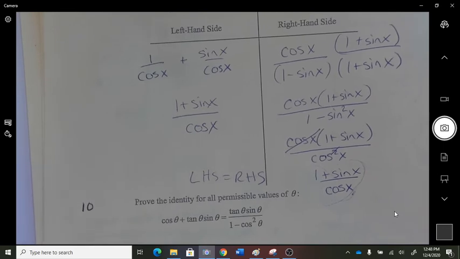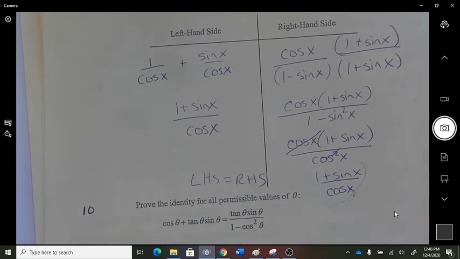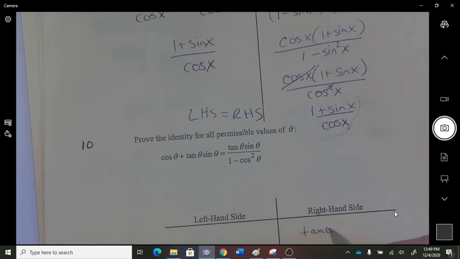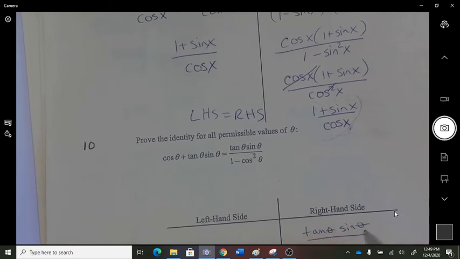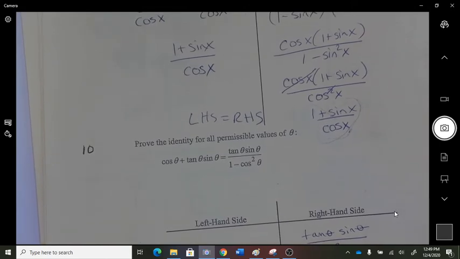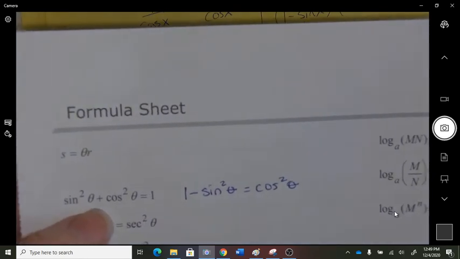Okay, let's see here. Thinking ahead, probably going to be replacing this. So I'm going to go tan theta sine theta all over sine squared theta, because 1 minus cos, I get that from here.